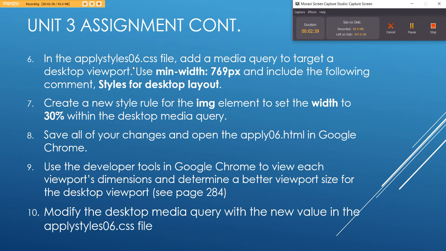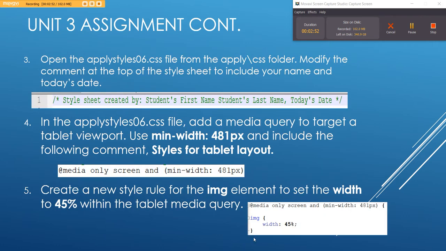So in the style sheet, you're going to add a media query to target the desktop. So basically, it's the same thing. The only difference, you see, is the image. Let's go back. So you're going to put the width in pixels.